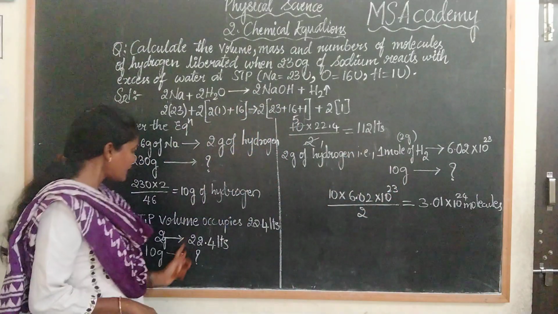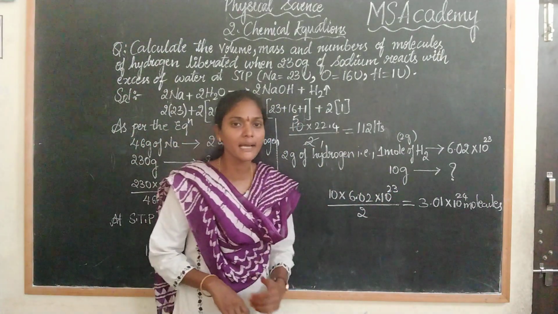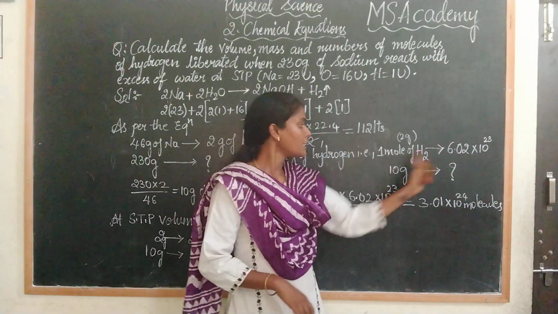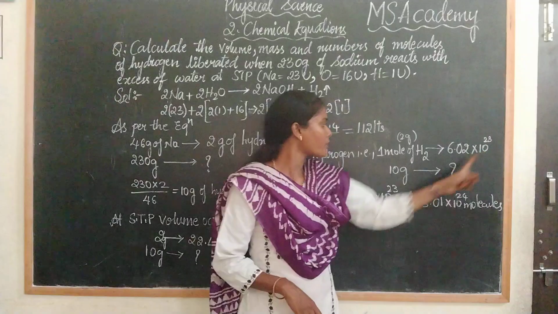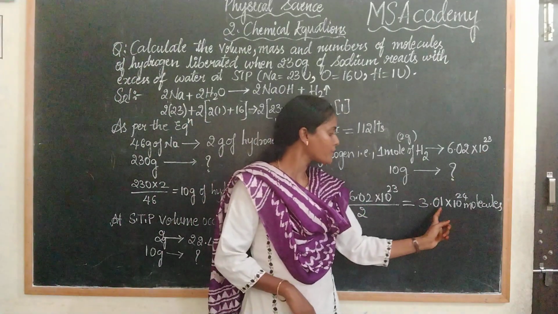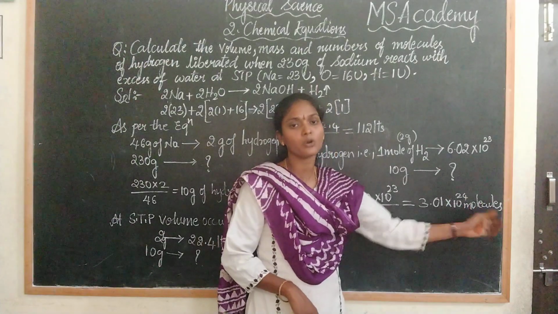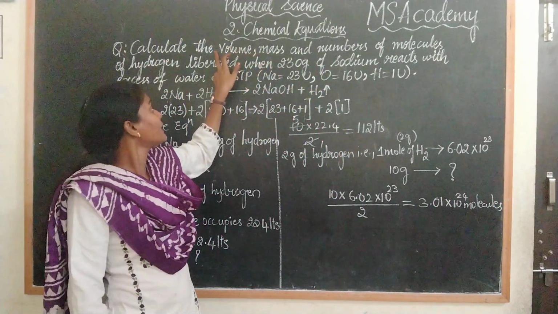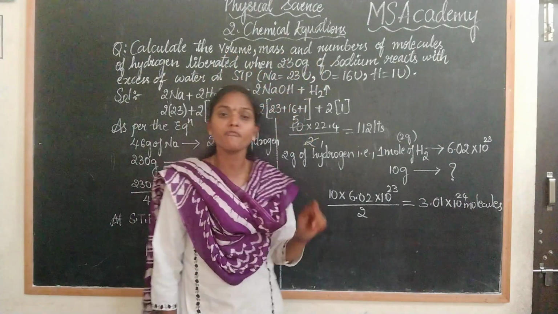Now, what about 10 grams of hydrogen? Cross multiplication: 10 into 6.02 into 10 to the power of 23 divided by 2. When you solve this, you will get 3.01 into 10 to the power of 24 molecules. So we have calculated volume, mass and number of molecules.